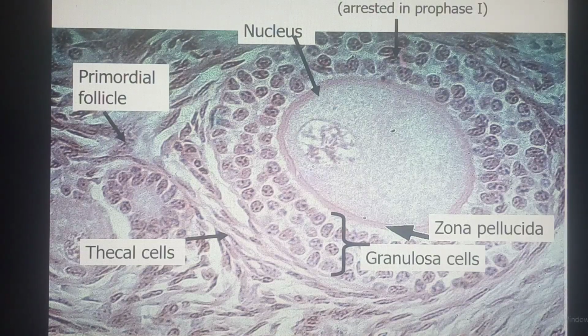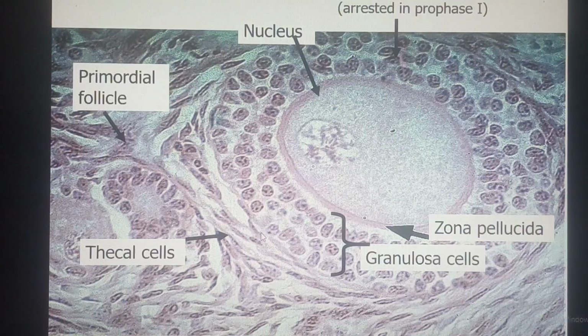You can see this belt structure over here, which is known as the zona pellucida. Beyond that is the cytoplasm of the primary oocyte. We have the granulosa cells, and because this one is multi-layered and cuboidal, it is the primary multilaminar follicle.